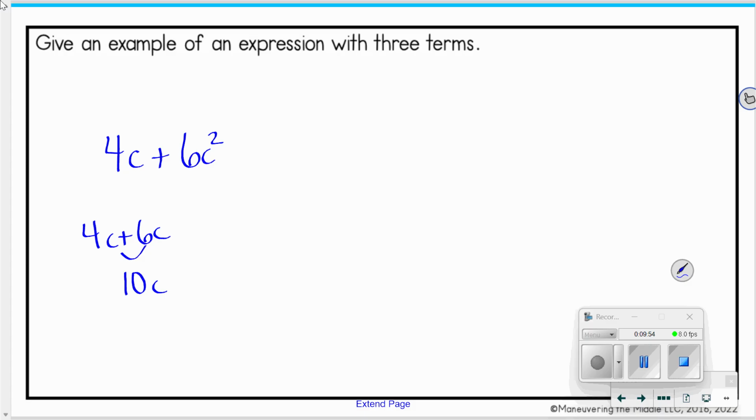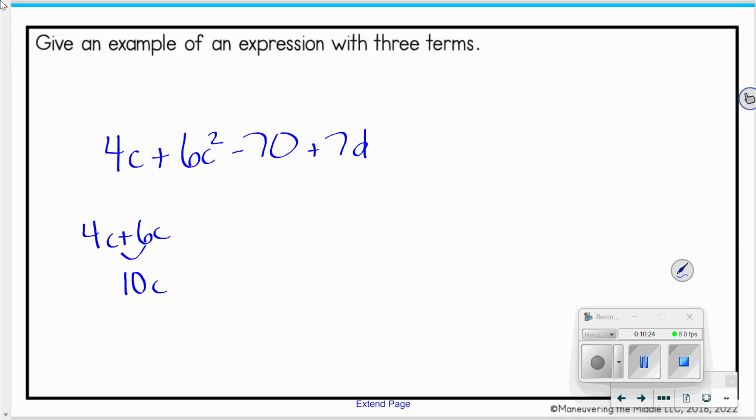So is it really 2 terms? 4c plus 6b, plus 6c squared, plus or minus 70. Now we made 4 terms.